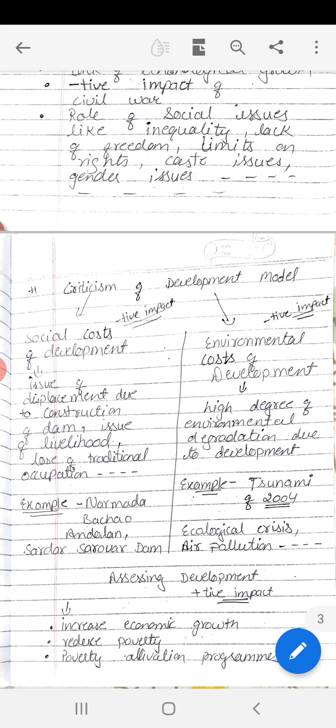This report ranks countries on the basis of their performance and growth rate in social indicators like the literacy rate, education level, life expectancy, mortality rate and so on. These measures are called the Human Development Index. Now the rest of the topics we will discuss in our next class.